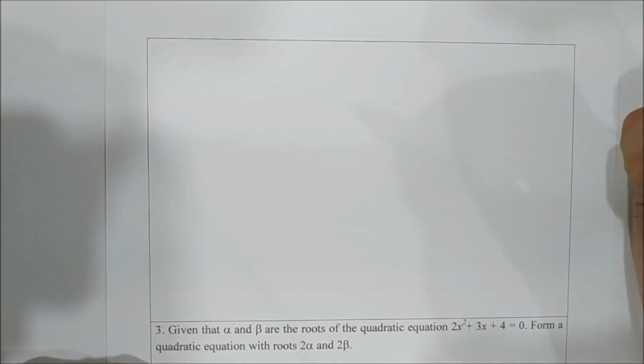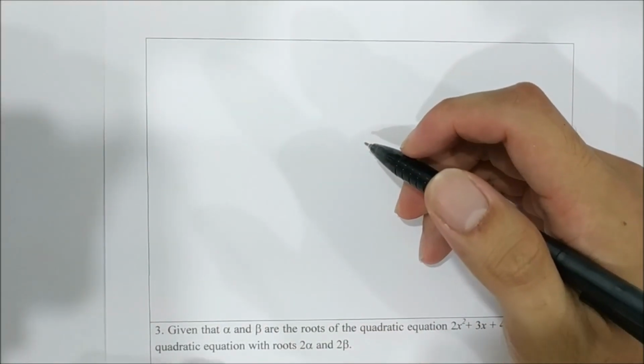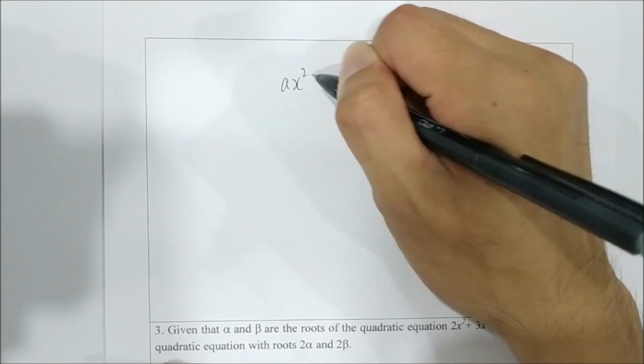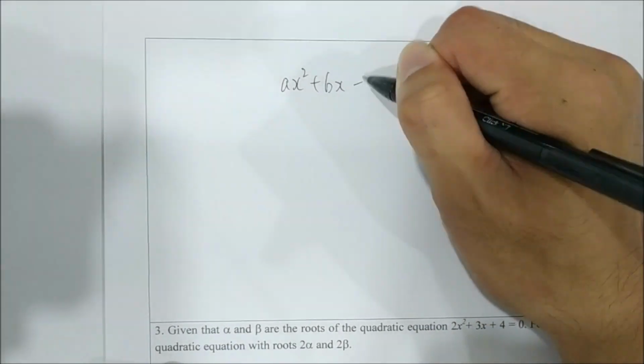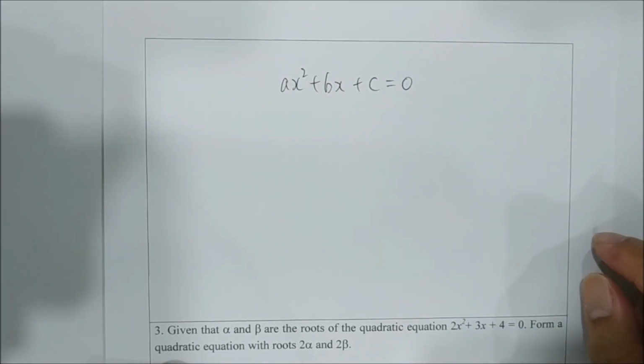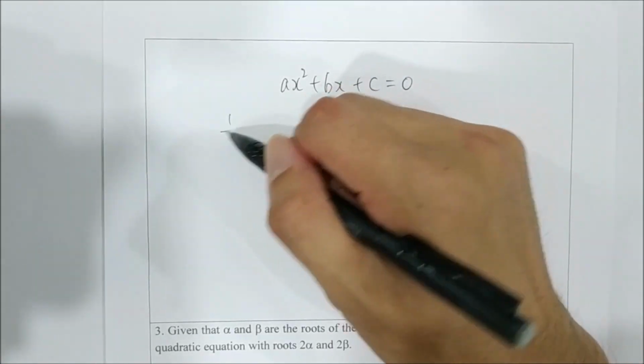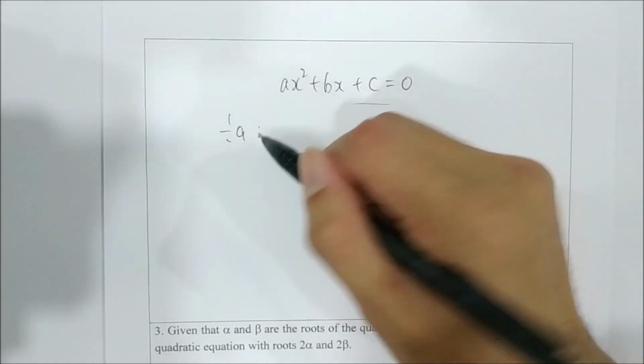Before we go into question 3, there's one thing I want to note here: given the quadratic equation, we can write it in a general form, which is ax squared plus bx plus c equals 0, the general form of a quadratic equation. And if we divide the whole equation by a, you get x squared plus b over a x plus c over a equals 0.